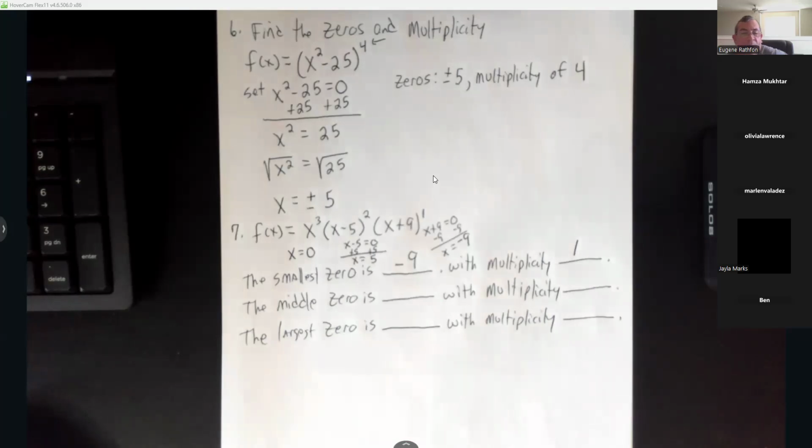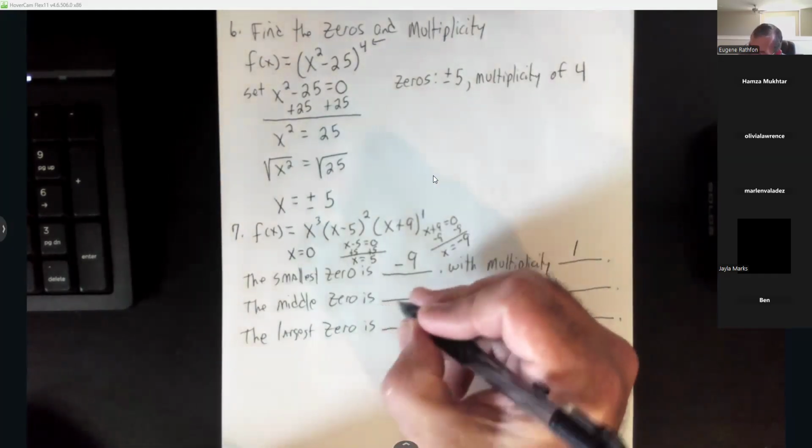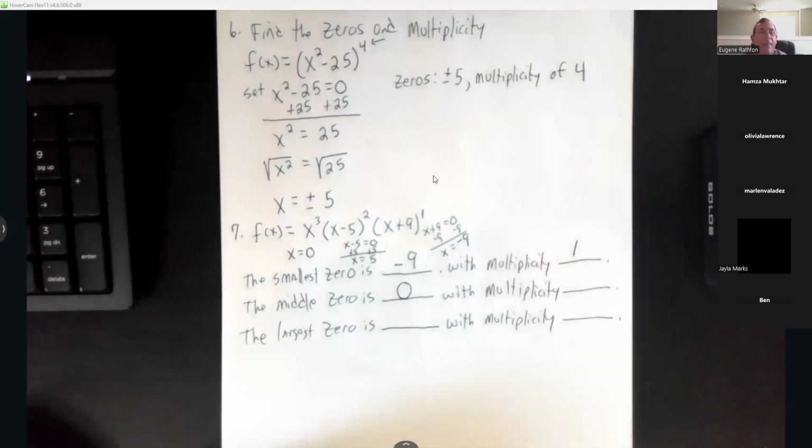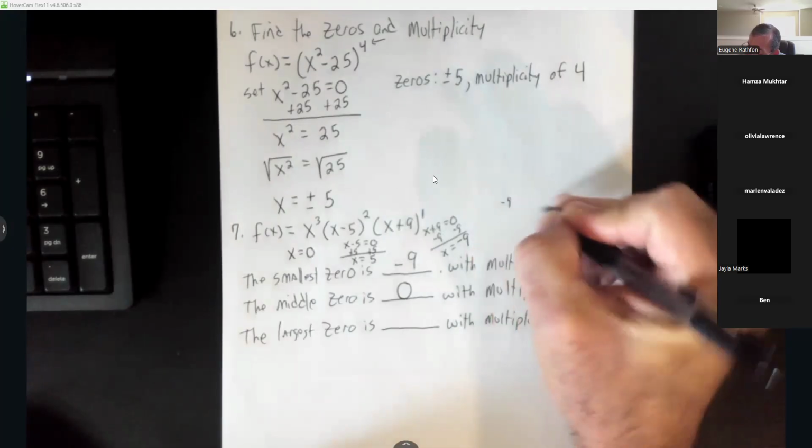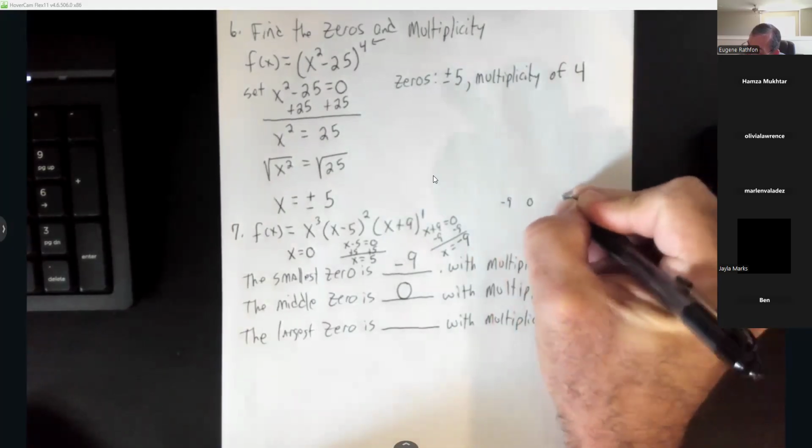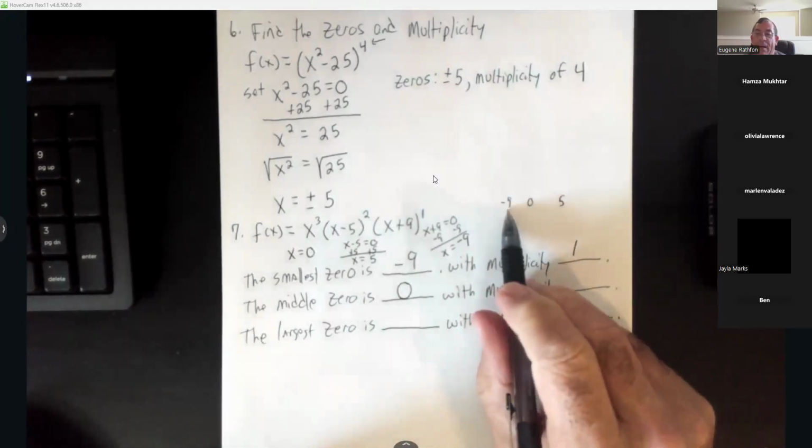All right, so you got 0 and 5. Which one's the middle zero? All right, 0. Because you're looking at a number line, -9 is the smallest, then you got 0, then you got 5, right, on the number line.